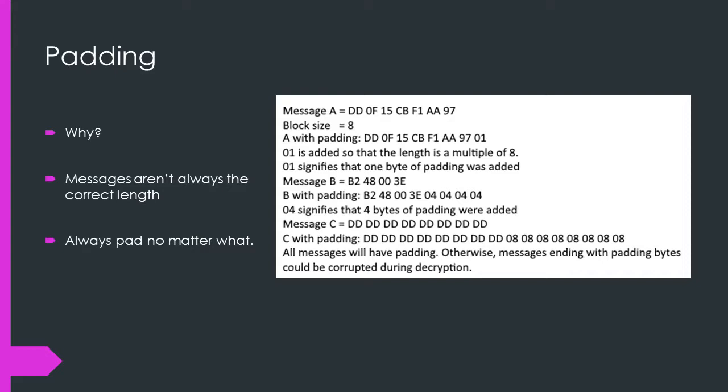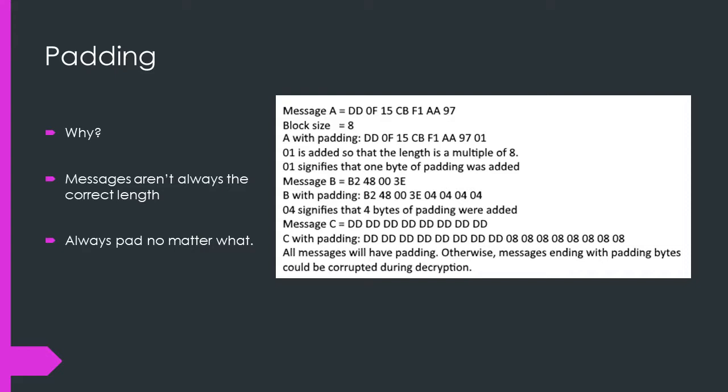These bytes have to be of a specific form, so that the action is reversible after decryption. In PKCS7 padding, we add the number of missing bytes, in byte representation, to the end of the message. So we start with message A, which is 7 bytes long, and our block size is 8, so we're missing 1 byte from message A in order to make it the correct length.